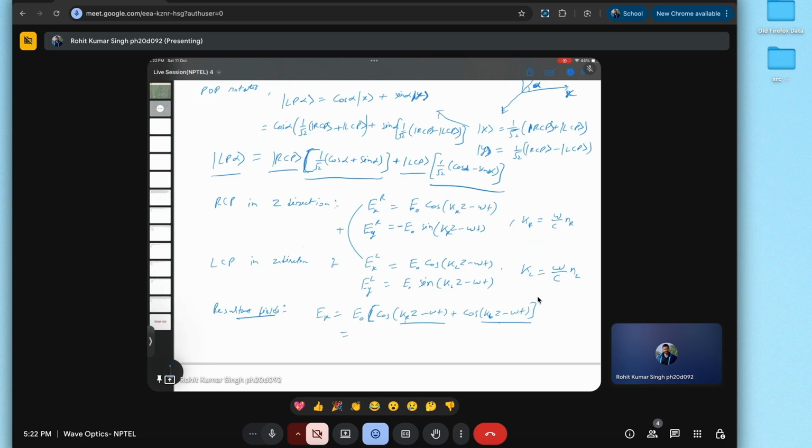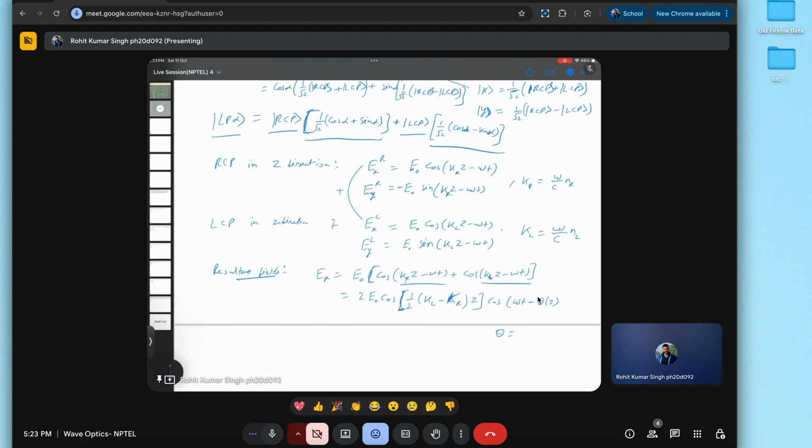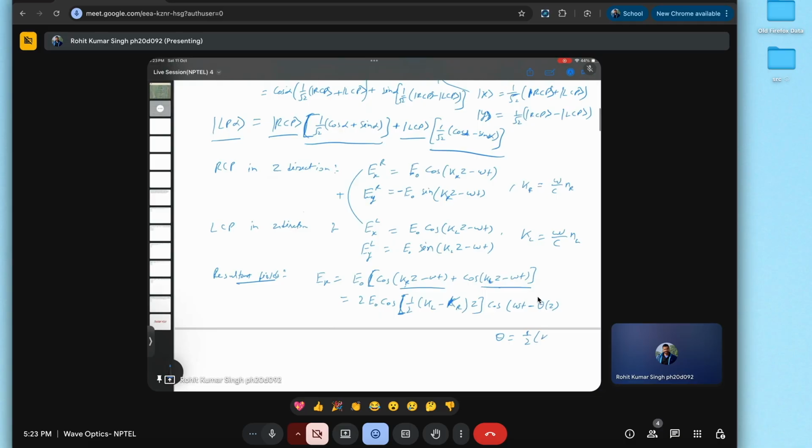So we will get cos half of kl minus kr z, and cos omega t minus theta z, and here the theta is basically half of kl plus kr z.